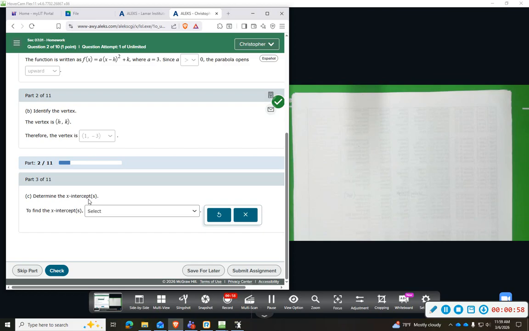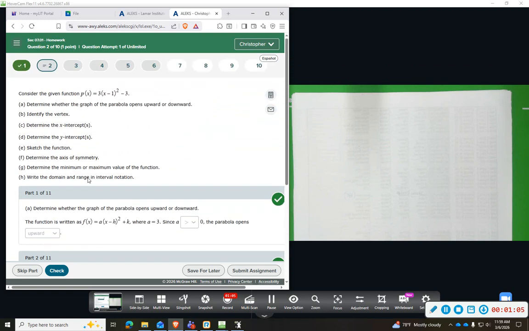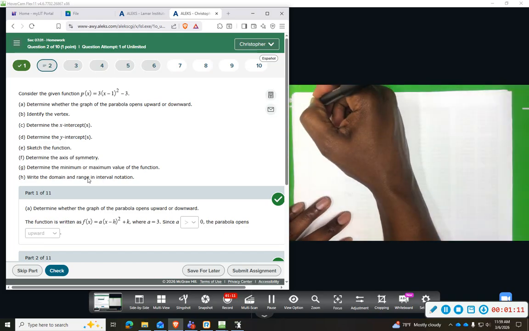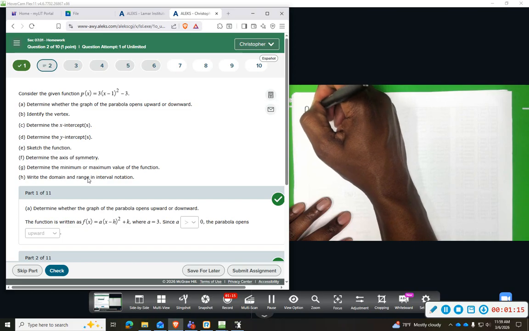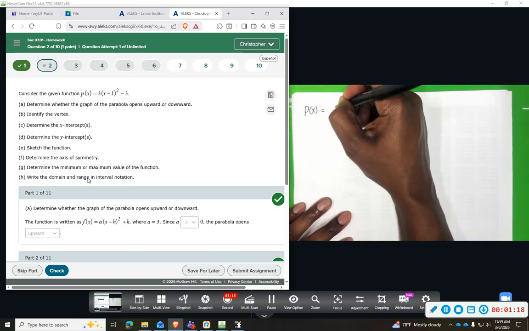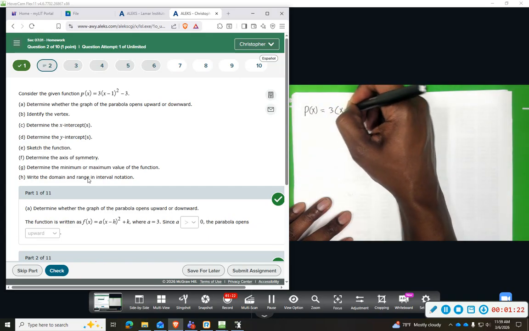The x-intercepts, we actually need to solve that out to find the x-intercepts. So we have P of x is 3 times (x minus 1) squared minus 3.